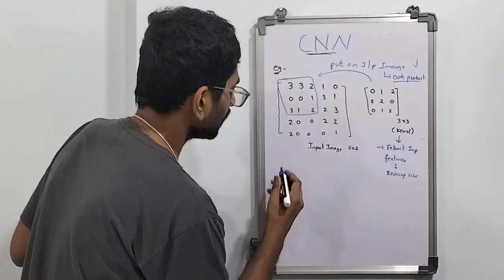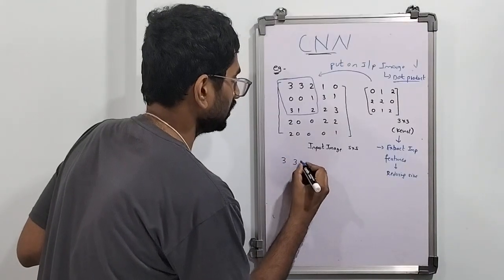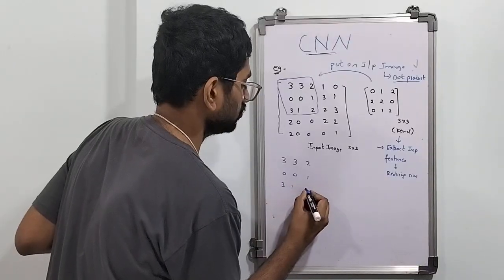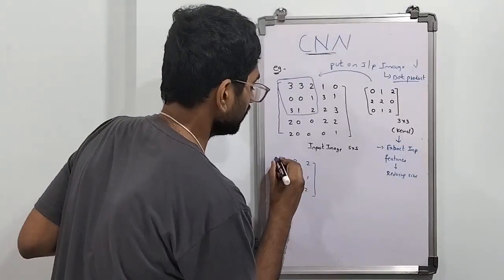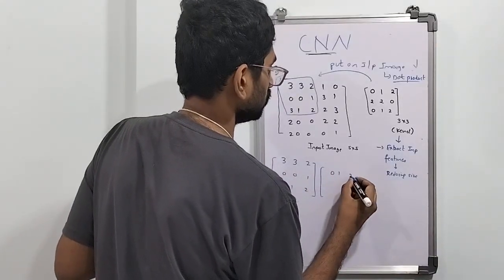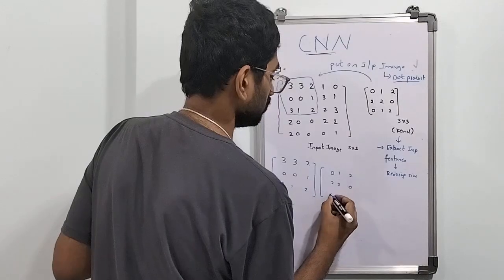So how to do the dot product? Here we take 3, 3, 2, 0, 0, 1, then 3, 1, 2, and the kernel values are 0, 1, 2, 2, 2, 0, 0, 1, 2.